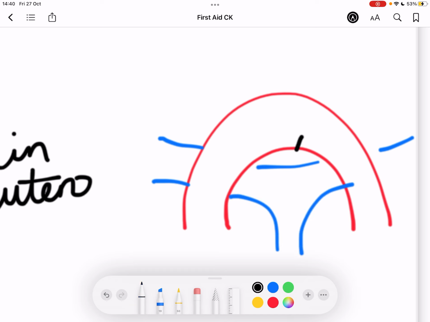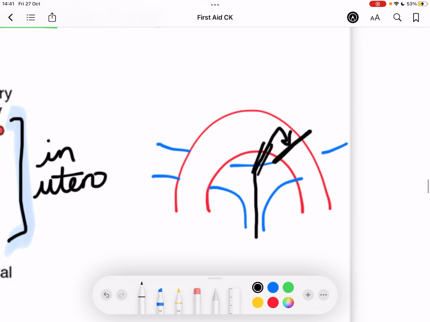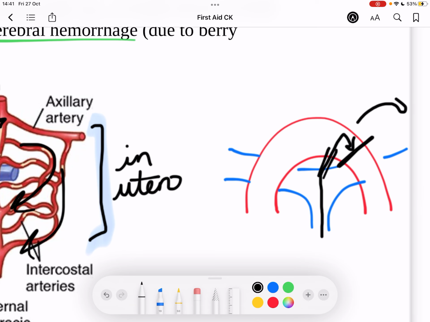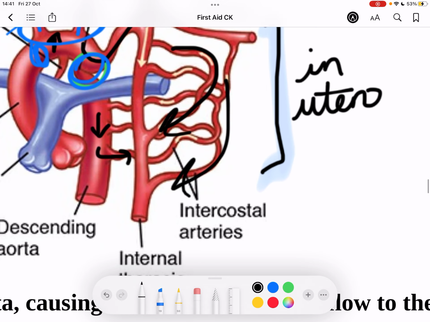Okay, so let me just draw it out again. So in this case that we were discussing, I said for simplicity, let's just keep it about this kind of case. We have the coarction here. So what happens? We have blood flow coming from the pulmonary artery, but it can't get past the coarction. So we start to revascularize and use this collateral network of intercostal arteries.